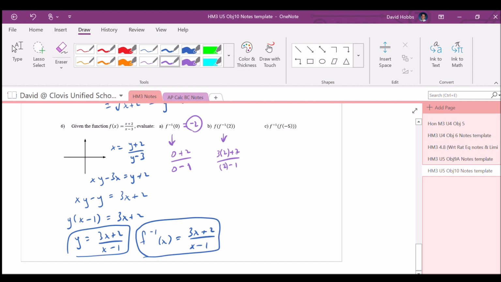which is, let's see, 8 over 1. Okay, so now I have to do f of 1. Okay, so f of 1, we'll go back to my original. So f of 1 would be 1 plus 2 over 1 minus 3.